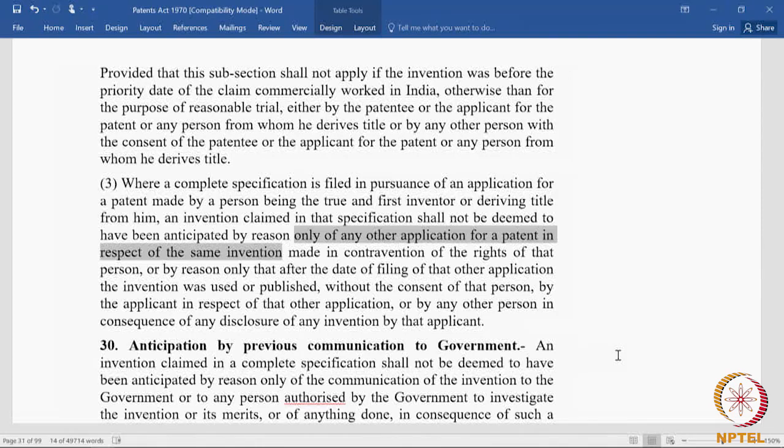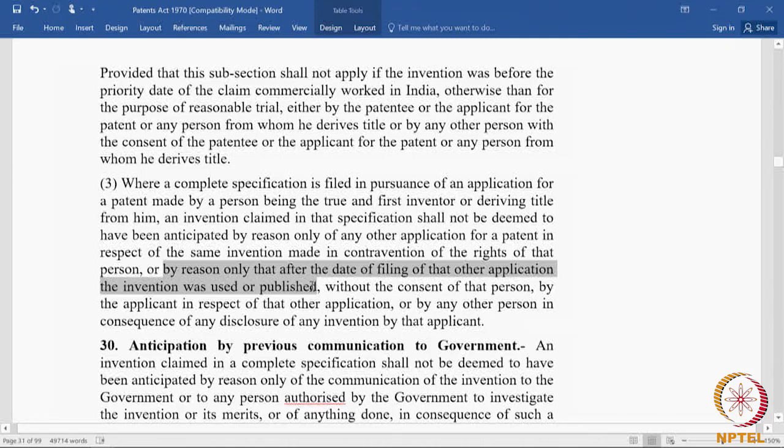So, there are two parts here. First, that an earlier application was filed without or violating my rights, that is one, or by reason that after the date of filing of the earlier application, that is application A, the invention was used or published without the consent of that person. Okay, that is the second scenario.